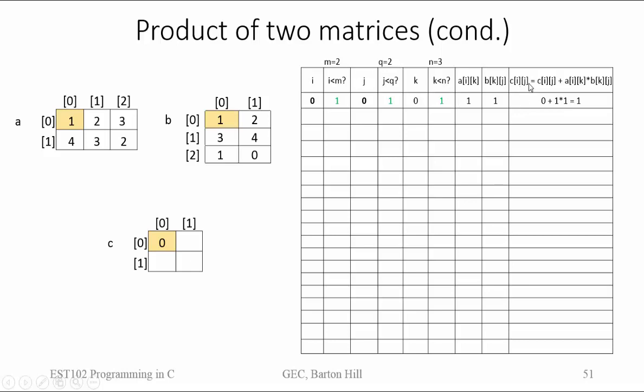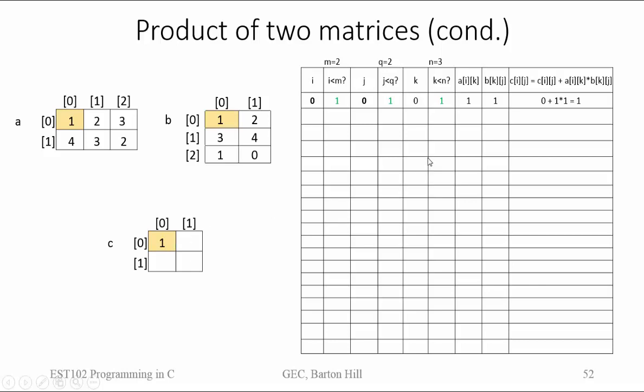Initially the value of C of ij is 0, so C of ij equals C of ij plus A of ik, that is A of 0, 0, into B of 0, 0. Here k and j are 0, so we multiply these and we get the value 1, and it is stored here.